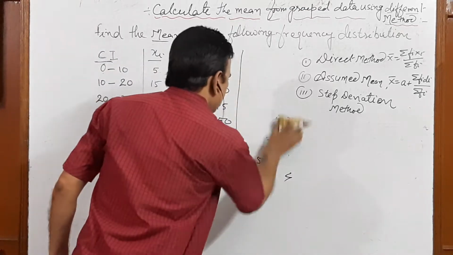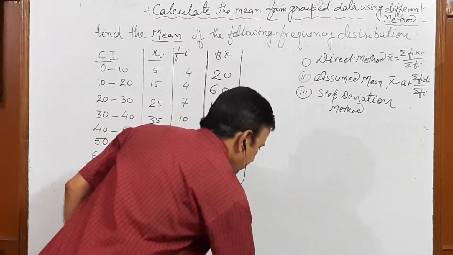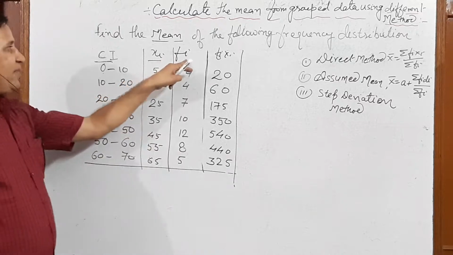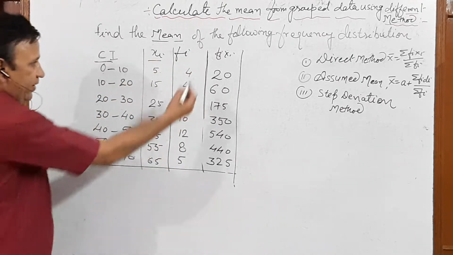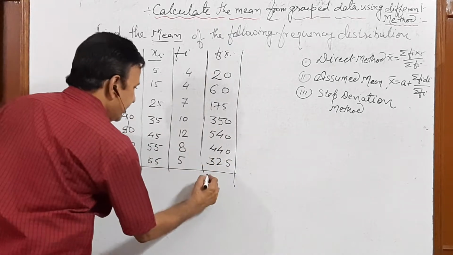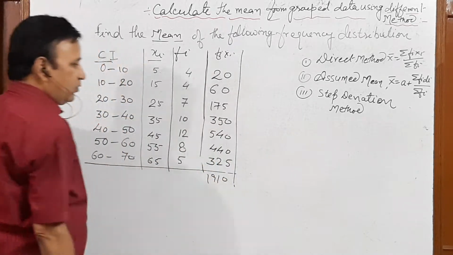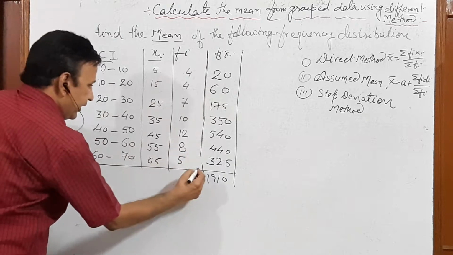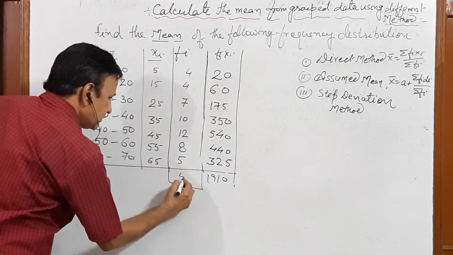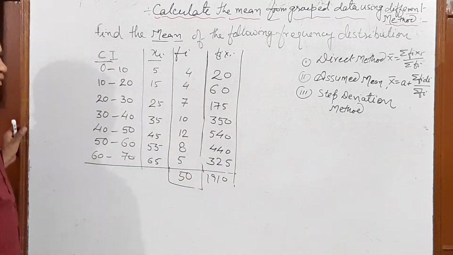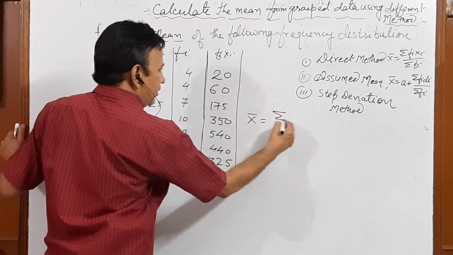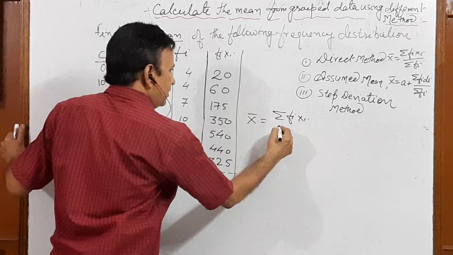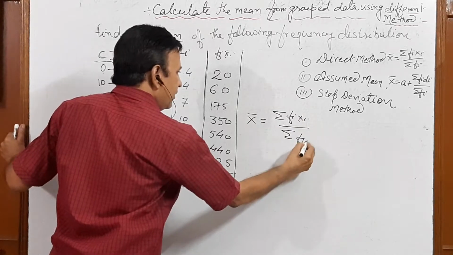Clear? So in this way, simply multiply the mid value into the frequency. Now add them, and you will get 1910 by adding them. Now the sum of frequencies is 50. Simply apply the formula x bar equals sigma fi xi upon sigma fi.